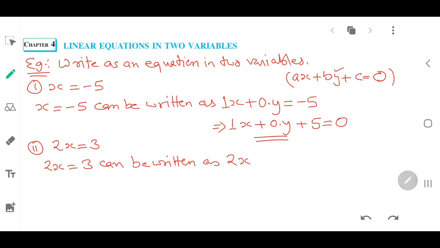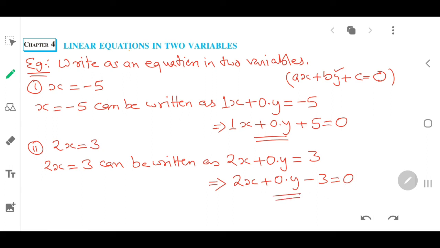Since y is not given, what you have to do? Yes, you have to put plus 0 into y, that is equal to 3. So the value of c is given 3. Then the final equation that you will write will be twice x plus 0 into y, then 3 you bring from the right hand side to the left hand side, then 3 will become minus 3, and that is equal to 0.